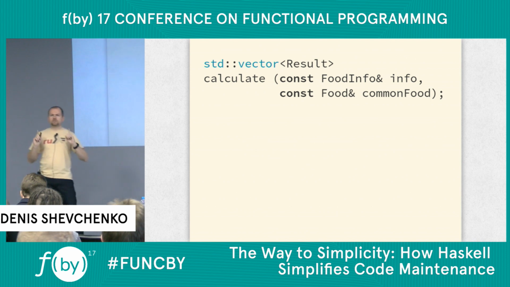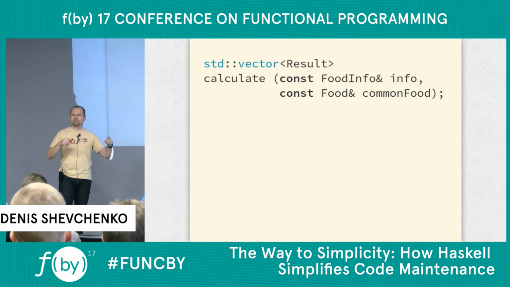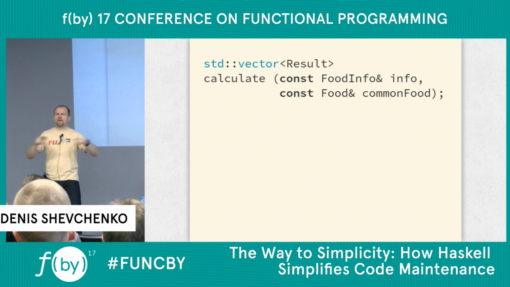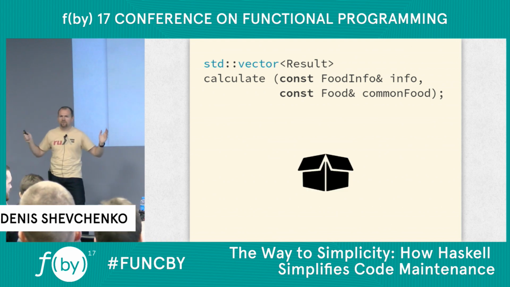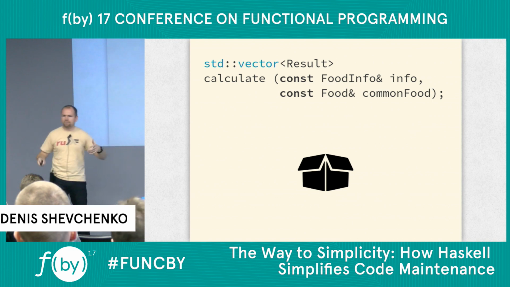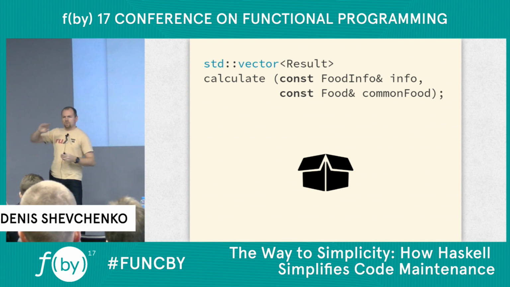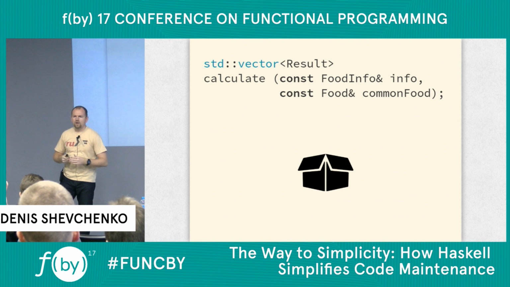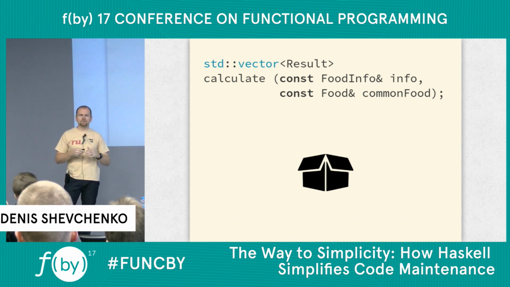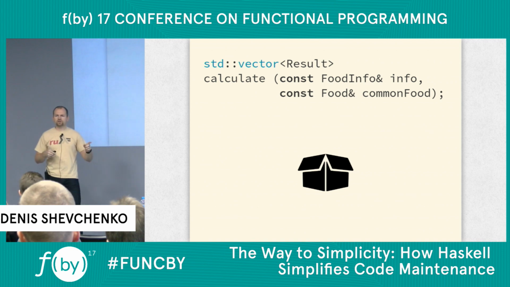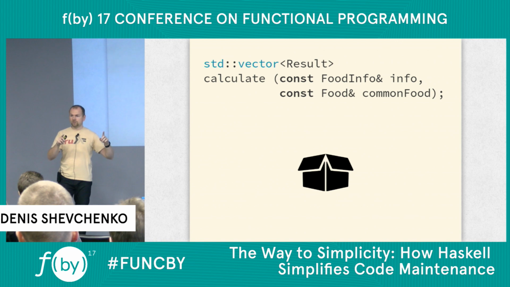So the question is, what can we say about this function? How does it work? We cannot say anything about how it works. Actually, it's a black box. How does it calculate? Probably it reads some file, goes into a database, etc. We cannot reason about this function if we are looking at this declaration only.